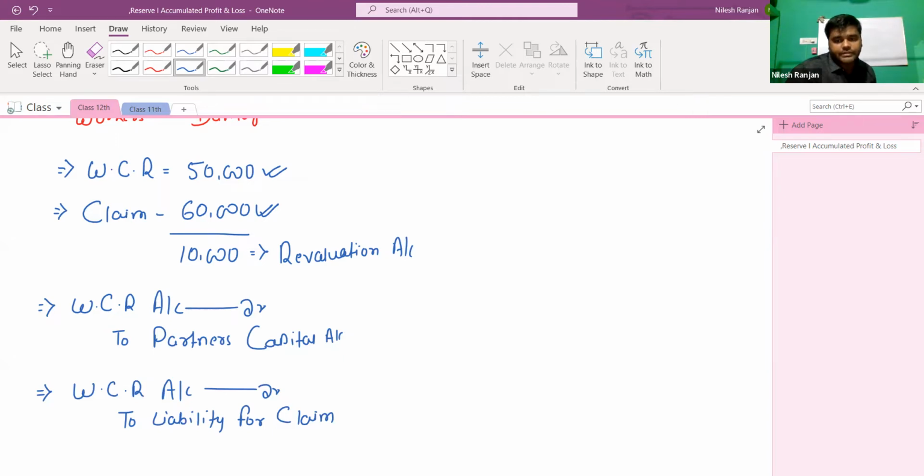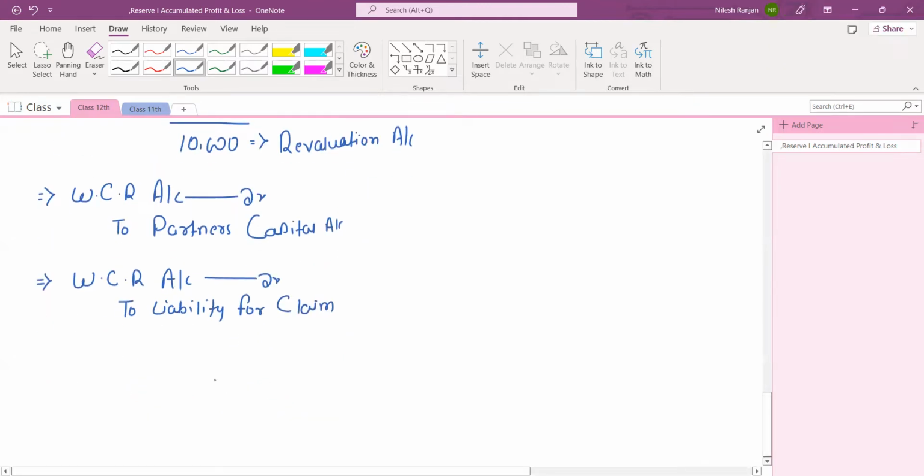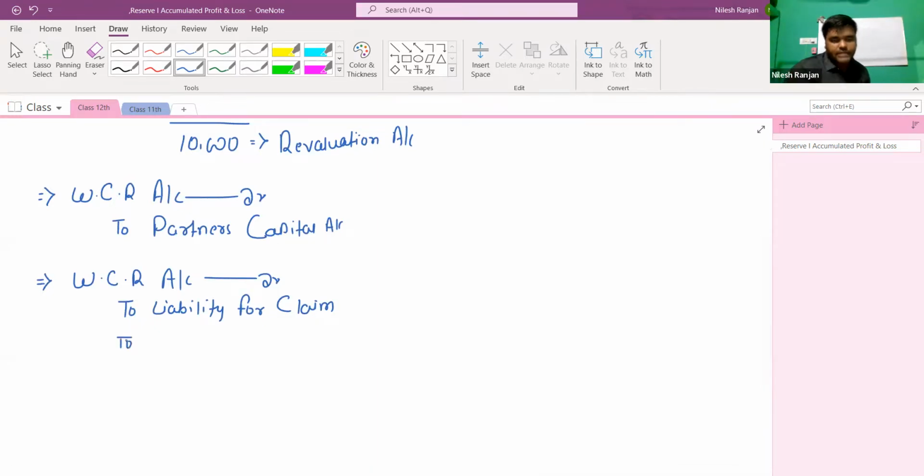So claim is a loss, right? Claim is, yes, a liability for us, and at the time of damage, yes, it's a loss. If claim is a loss for us, it should be asset, right? No, it's an expense for us.